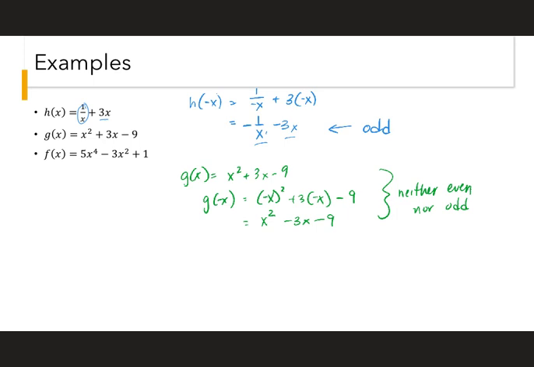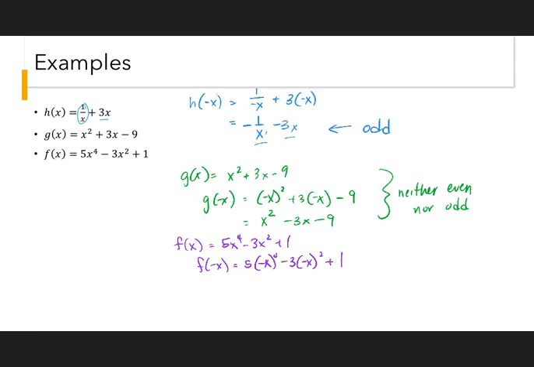Now f of x is 5x to the fourth minus 3x squared plus 1. I'm going to plug in a negative x. So 5 times negative x to the fourth minus 3 times negative x squared plus 1. Negative x to the fourth is going to be positive x to the fourth after I multiply, right?